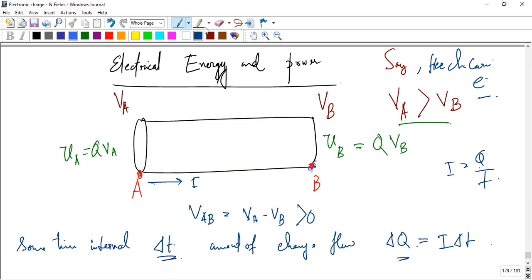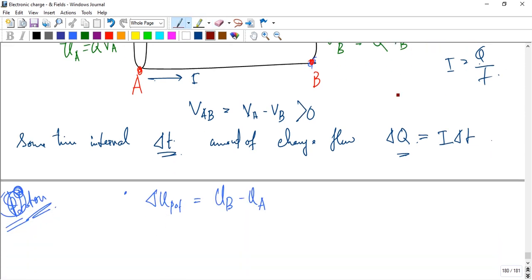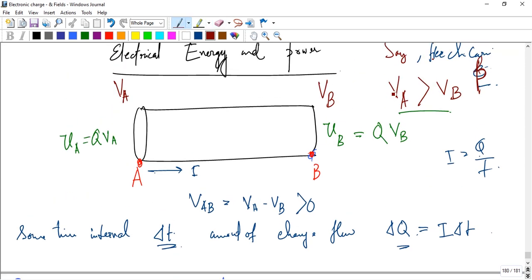Okay. Suppose that's not the free charge carrier. Suppose this is now changed to proton. Change to proton. Previously that was the potential difference, VA minus VB, higher potential minus lower potential. Okay, that means the potential difference is that.